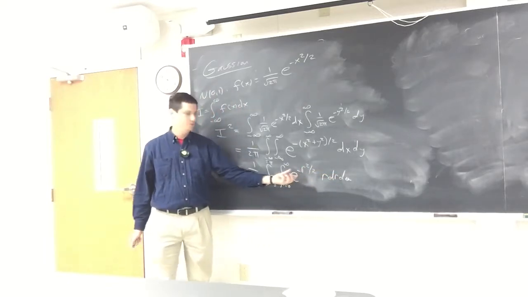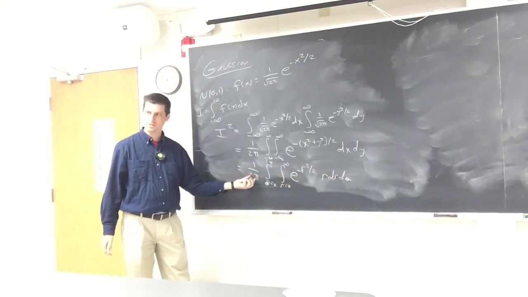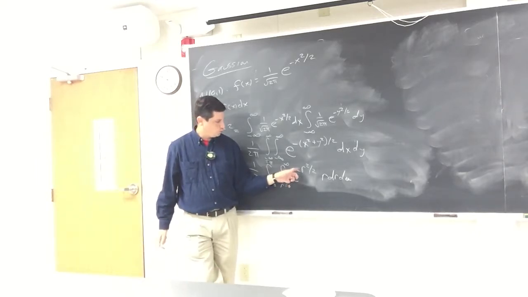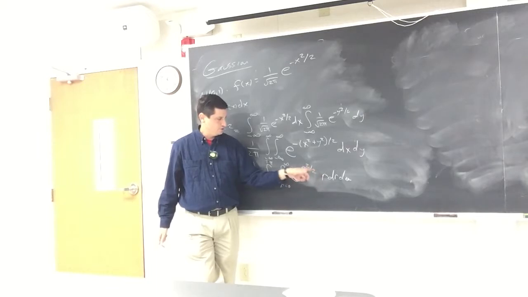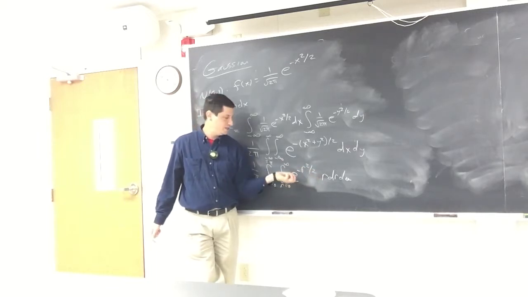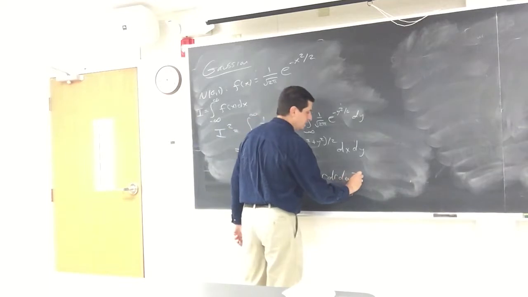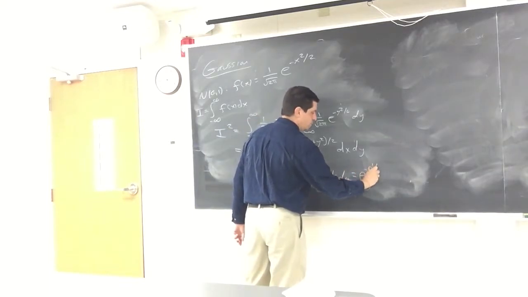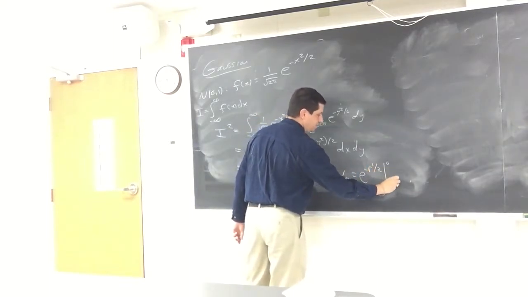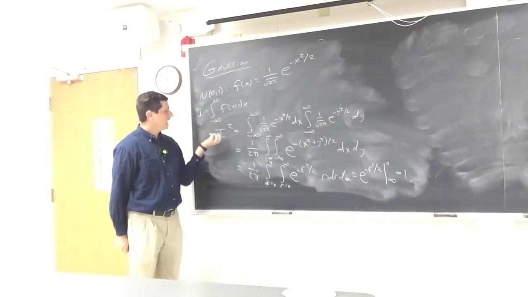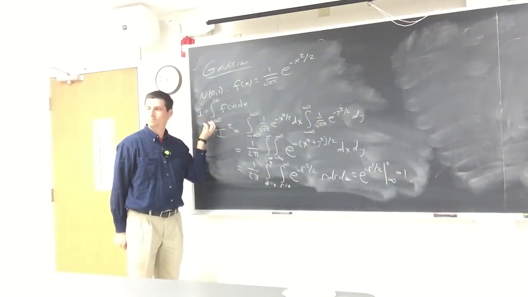That's nice. That's just a 2 pi that cancels with this. For the r integral, well, we want a negative 2r over 2. We want a negative r. We have an r. Great. All that means is we get e to the negative r squared over 2. We flip the order of integration. So this will just be negative e to the negative r squared over 2 evaluated at 0 and infinity, which is just 1. So we know that I squared, our integral squared, is 1.